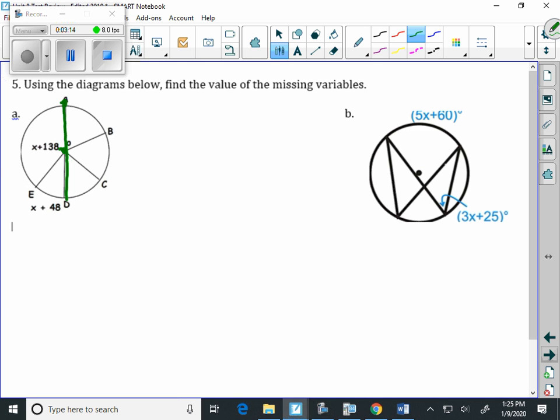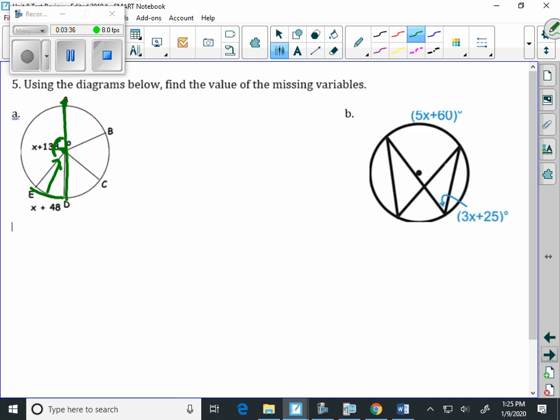And since x plus 138 is this angle, and x plus 48 is that arc, those are both central angles, and central angles and intercepted arcs have the same value. So that means that x plus 48 is also that angle.